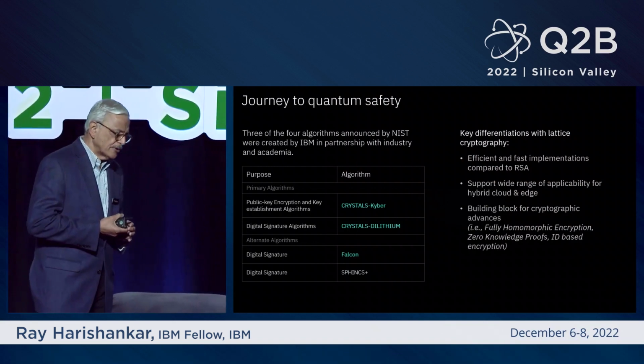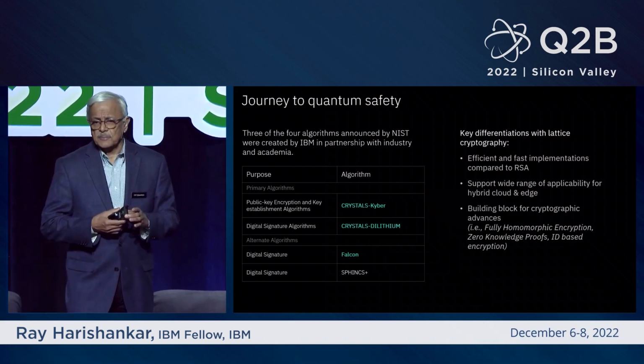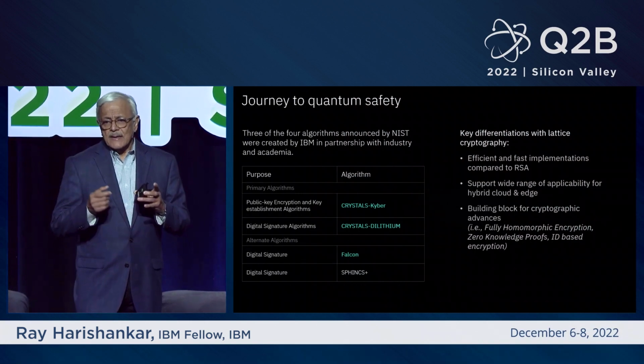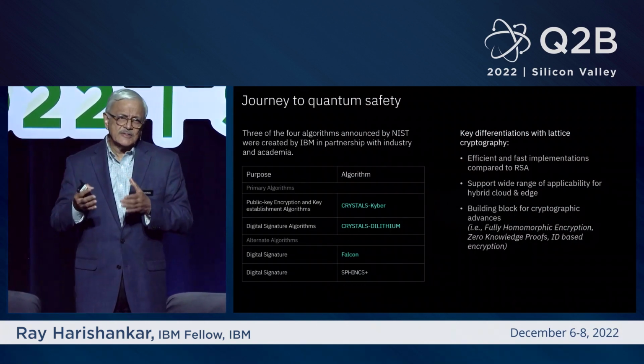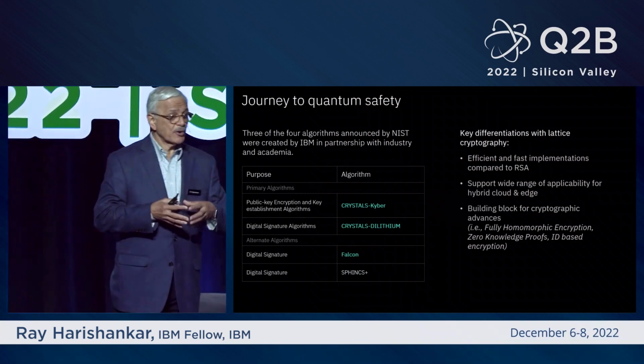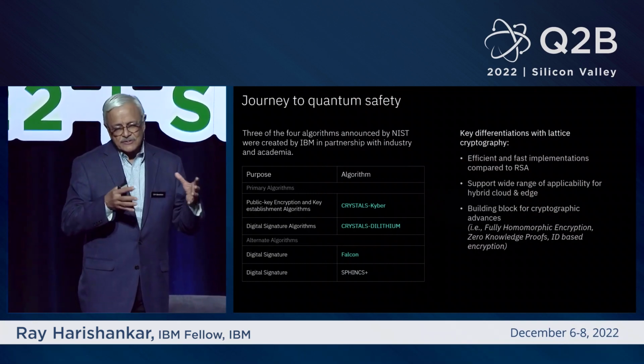I'm not going to dive deep into it, except to say that the key points are we can't just look at these as replacement algorithms for what exists today, because the techniques are quite different.